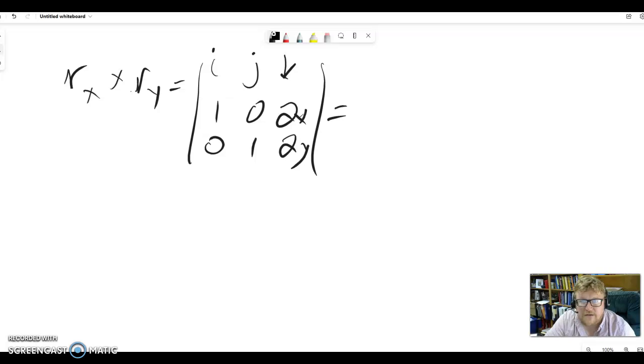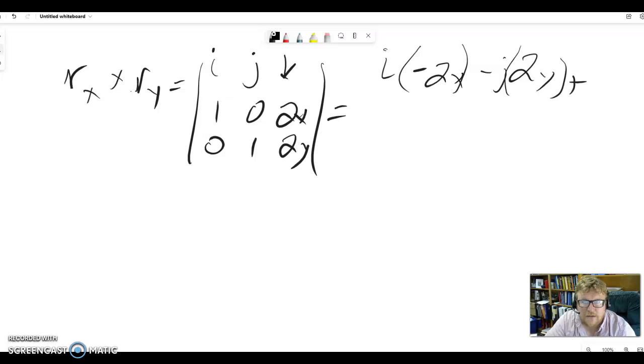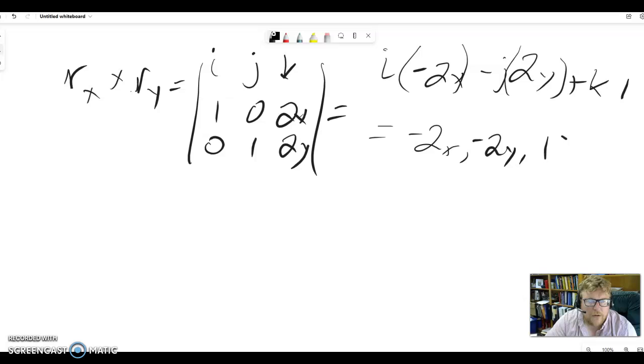So that vector is i times 0 times 2y minus 2x, minus j times 2y minus 0, and then k is 1 times 1. So I get a vector that's negative 2x, negative 2y, and 1. That's my vector normal to the paraboloid.